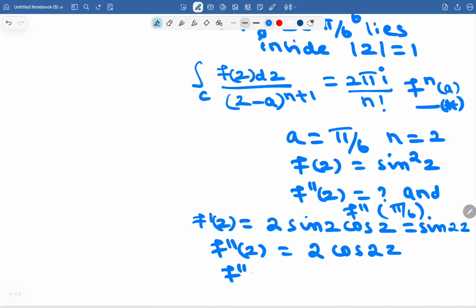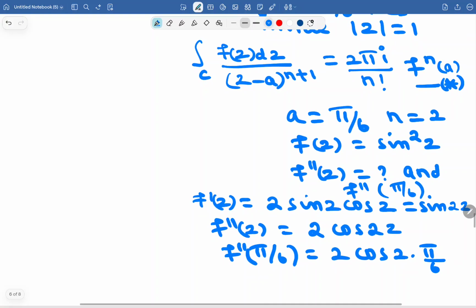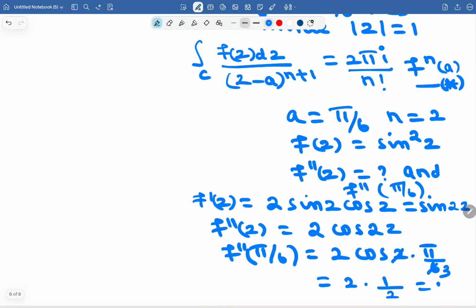Now find out f double dash of pi by 6. 2 cos 2 into pi by 6. This is 2 cos pi by 3, 2 into 1 by 2, answer is 1.